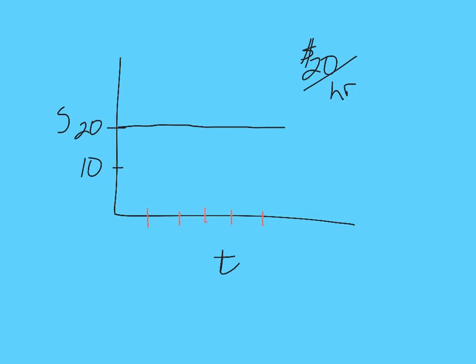So if we worked 5 hours, we take all of this area and we would get $100. So it's a very simple question, but the idea in calculus is exactly the same as what we just saw with velocity. If I take the integral of my salary, the rate of change of my earnings, I will get the total amount that we've earned.